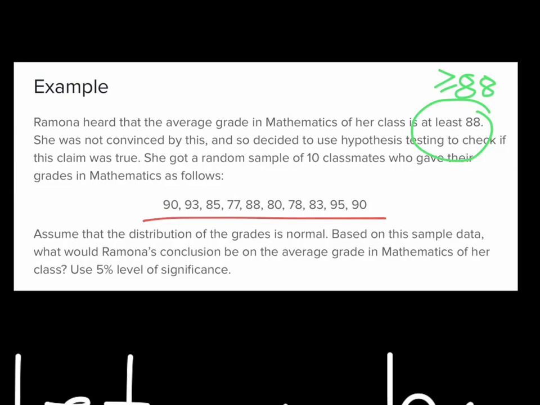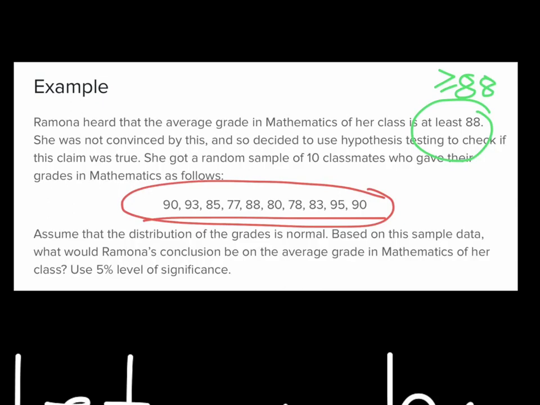The sample mean is basically the average of these numbers, and then the sample standard deviation is the standard deviation that you will get from these numbers. Now, the easiest way to find the sample mean and the standard deviation of these numbers is by using your calculator. So get your calculator and compute for the sample mean and the standard deviation of these numbers.